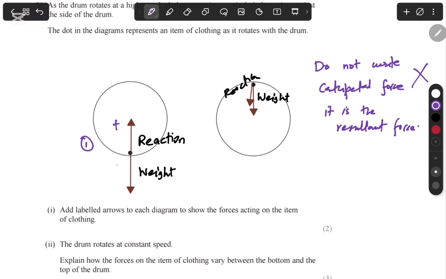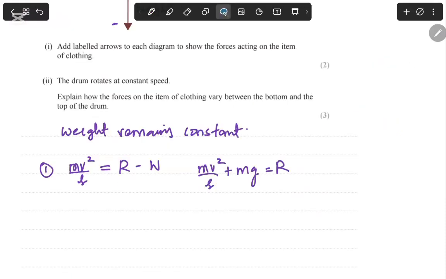So I'm going to say this is positive and this is negative. So I've written that mv squared over r is equal to the reaction minus the weight, and then I've made R, the reaction force, the subject, and that gives me the first equation, and this is the equation at the bottom.